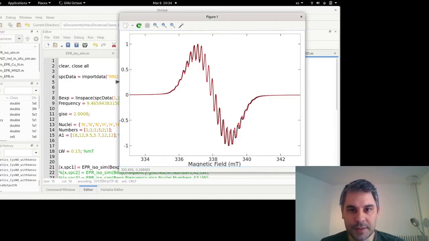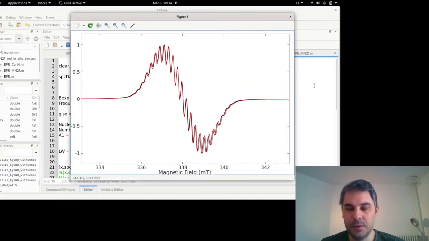It's not perfect, but you have to notice that what I've been doing is not fitting the experimental spectrum. I am simulating. So I am manually changing the parameters based on my criteria of similitude between the simulated and experimental spectra. Simulating is better in order to understand what each parameter is doing to the spectrum.